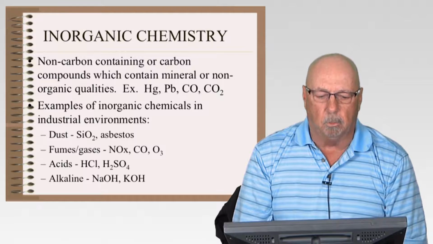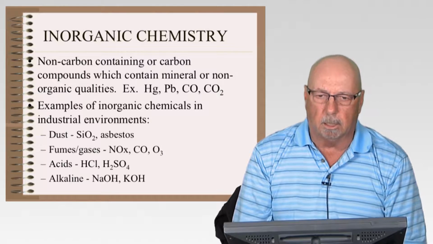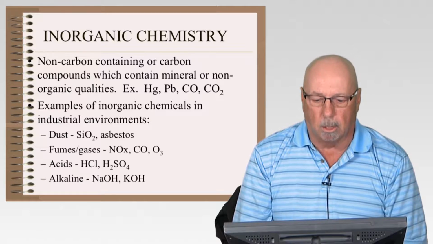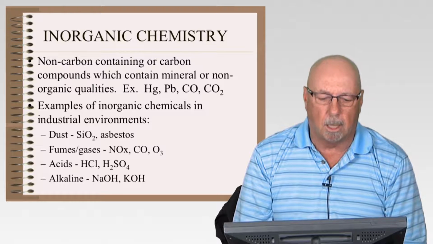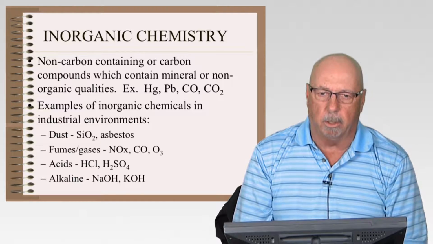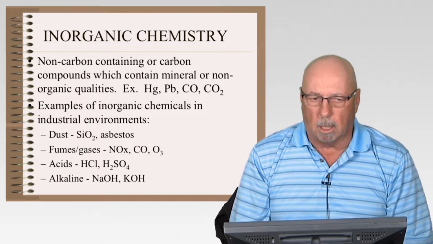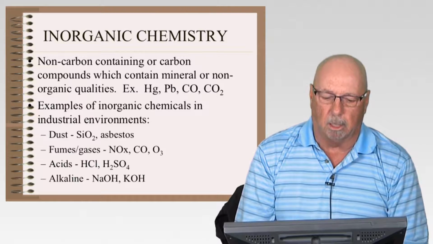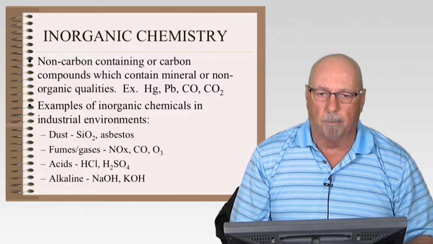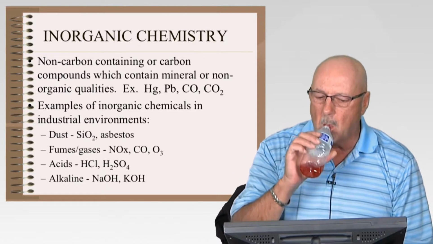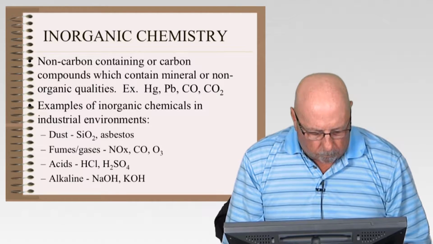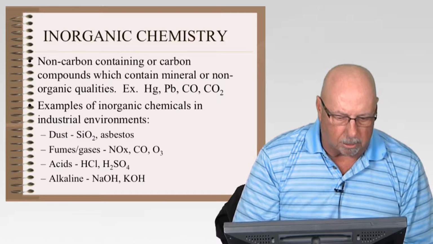We have fumes and gases, the nitrous oxide gases, carbon monoxide, ozone, the O3 molecule. Acids, for the most part, not always, but for the most part, are going to be inorganic compounds. Some examples here are hydrochloric acid and sulfuric acid, 2 very common industrial chemicals.